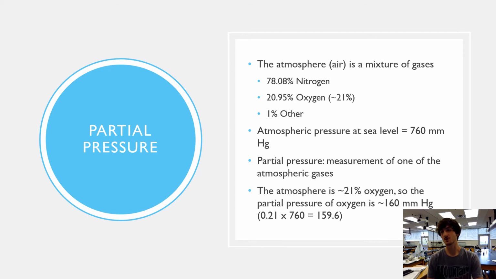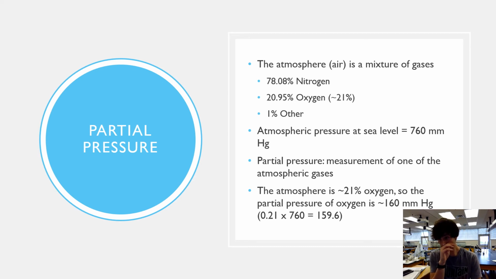Well, actually less than 21%. It's roughly 20.95%. The rest of it is mostly nitrogen. In fact, I believe there's only 1% left over, and that 1% contains CO2, carbon monoxide, methane, hydrogen, helium, stuff like that. Oh, and water vapor. So not technically a gas, but it's still present in the atmosphere.